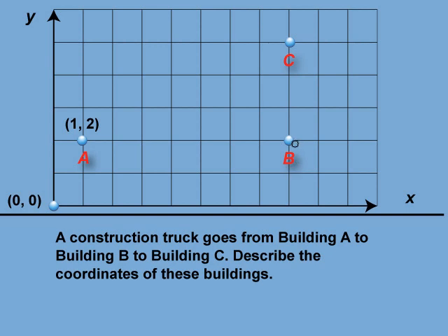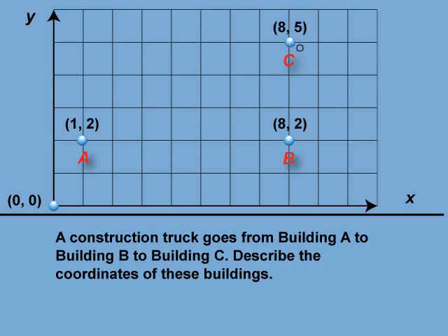So point B has coordinates 8, 2. Now let's move on to point C. First thing, notice that it is vertically aligned with point B, which we know has an x-coordinate of 8. There are 1, 2, 3, 4, 5 tick marks. So C has coordinates 8, 5.